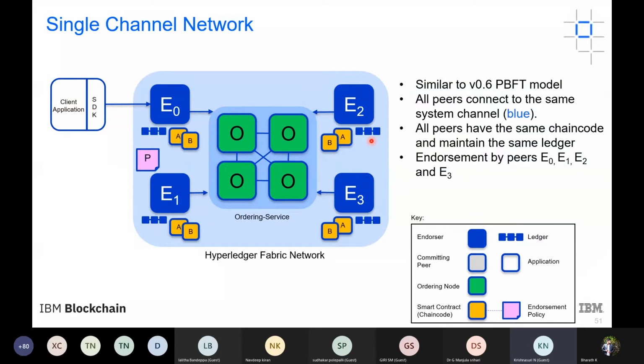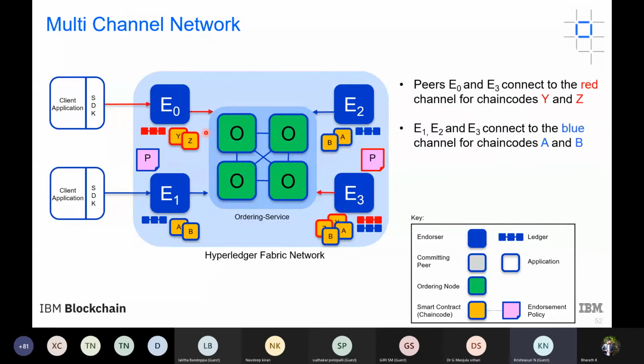Hence, you have many different chain codes. It is A and B here. These are the chain codes with the same ledger, right? And the ledgers are with the peers, and a peer can be either an endorsing peer or a committing peer. Here in this example, all the peers are endorsing peers. There is nothing that stops us from making all the peers endorsing peers.